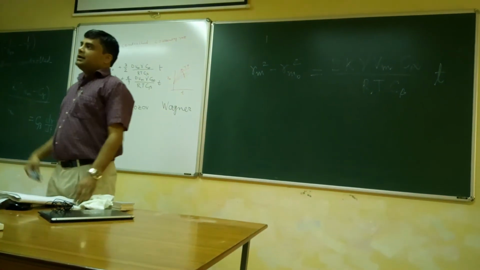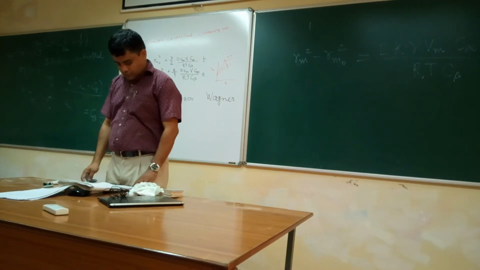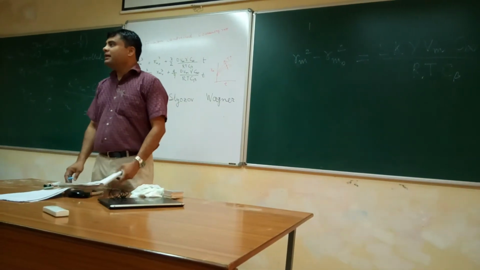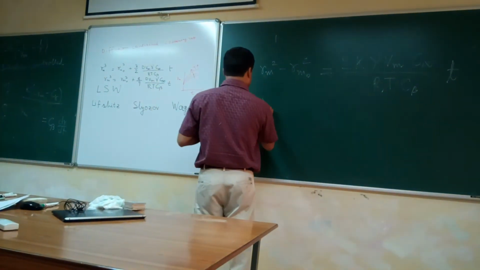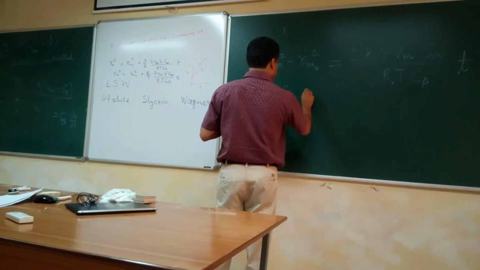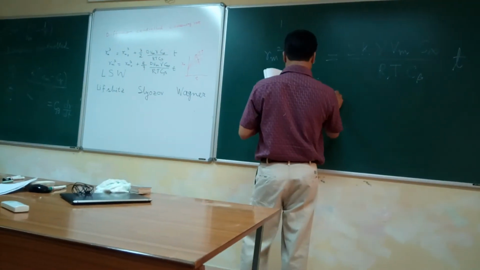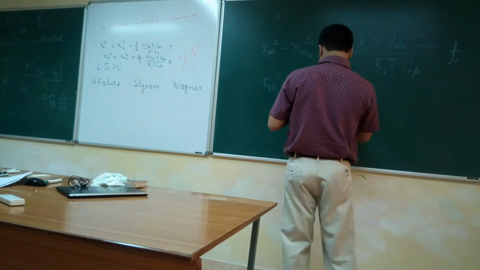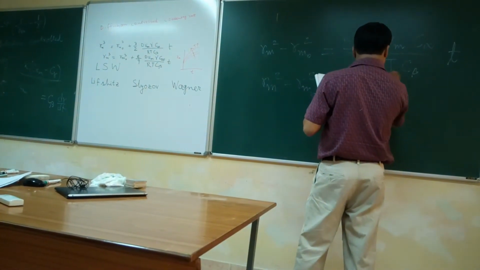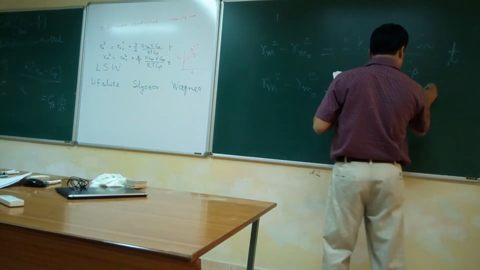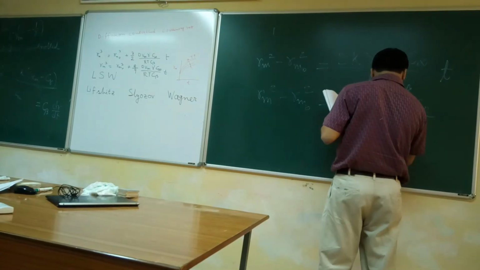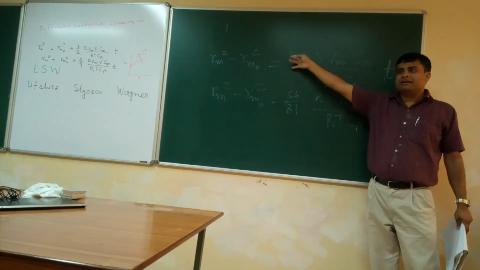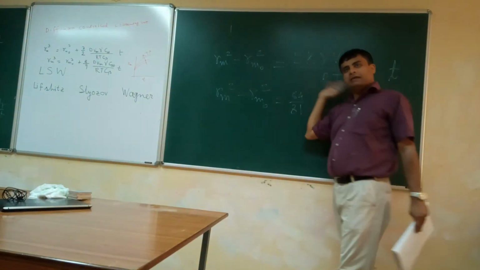So Wagner actually later did a more rigorous calculation on this without taking this arbitrary assumption, and what he found out is that this constant, instead of 2, is 64 by 81.